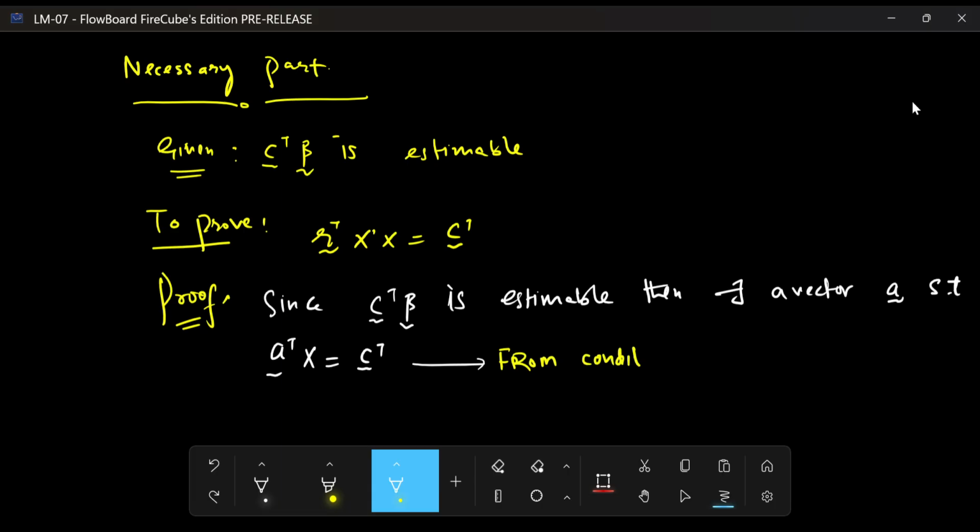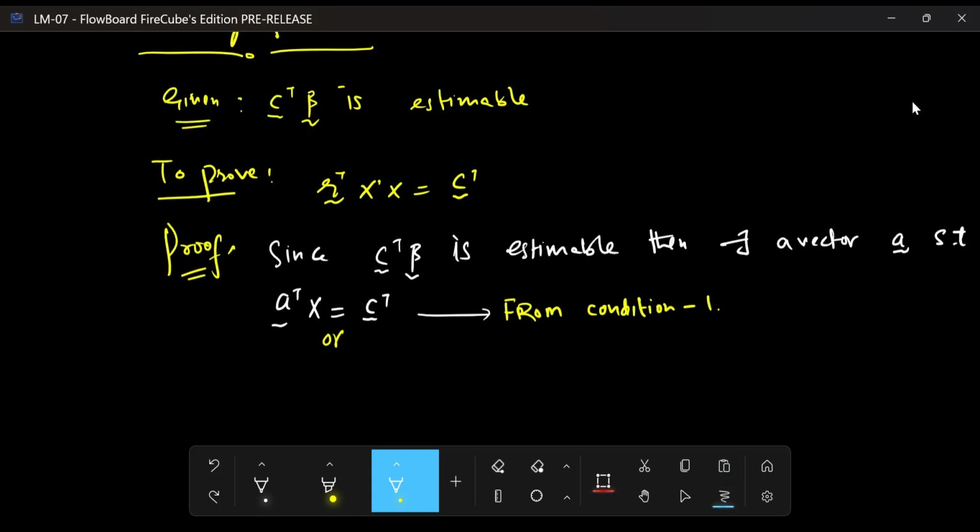Or we can write this as X transpose A curl is equal to C. Put it as equation number 1.